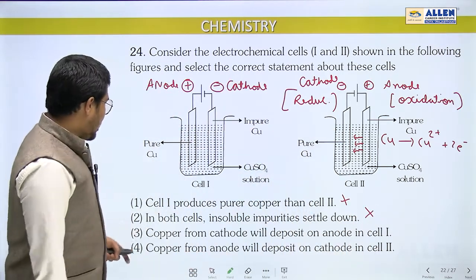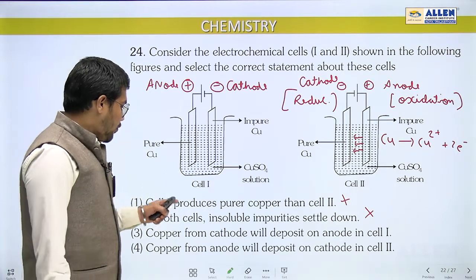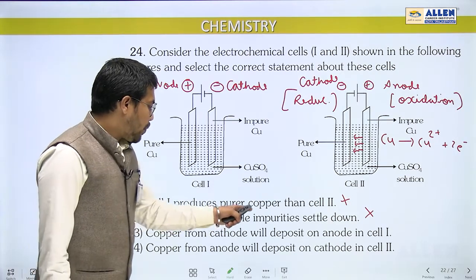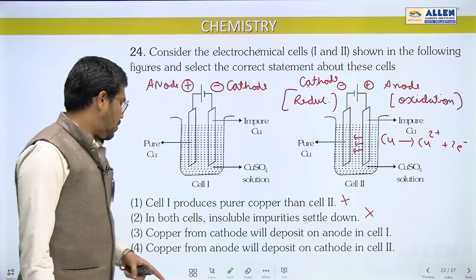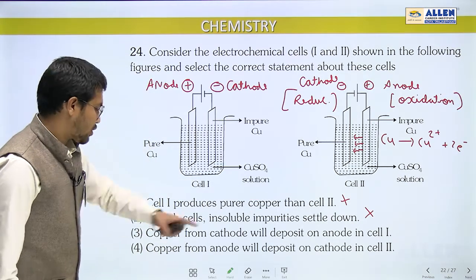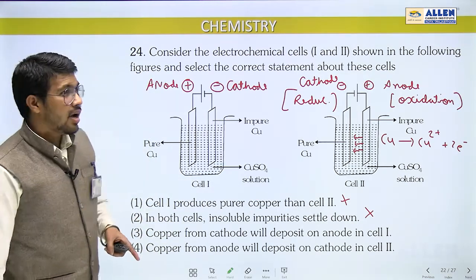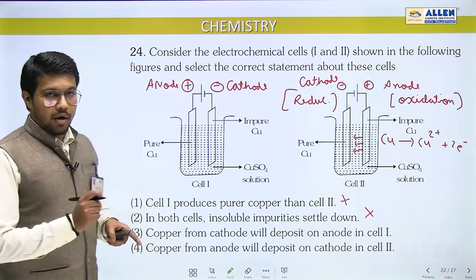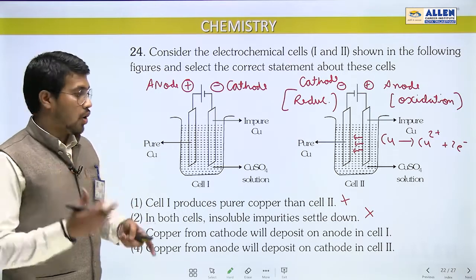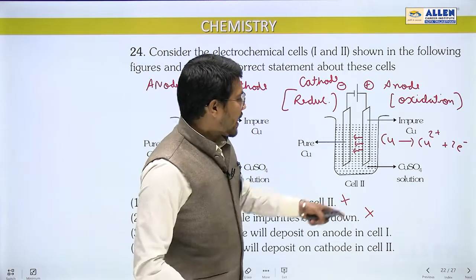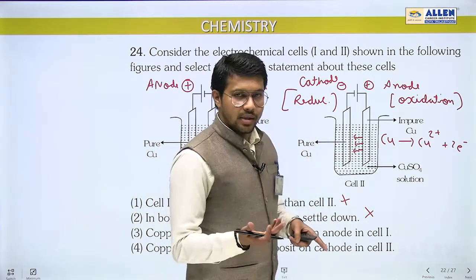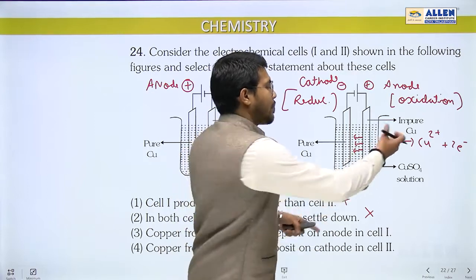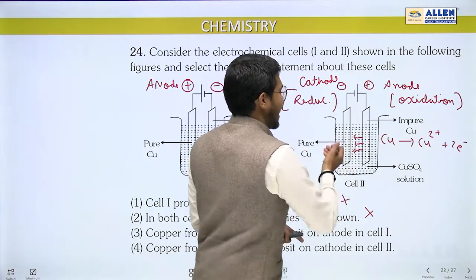And in third one, copper from cathode will deposit on anode in cell 1. See, as I told you, copper oxidizes on anode and that particular cation moves towards cathode.